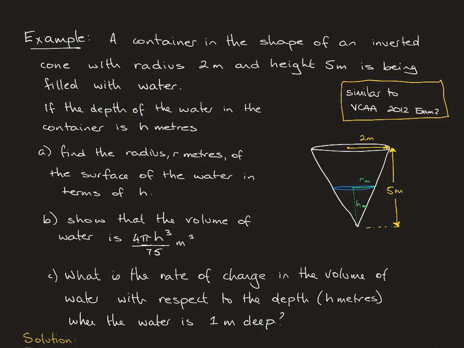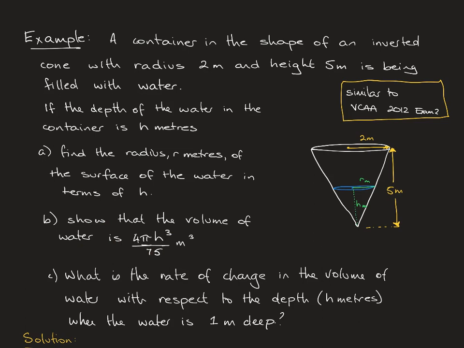If the depth of water in the cone is h meters, so this is the water level here up to the blue line, find the radius r meters of the surface of the water in terms of h. So we want to find that radius value there. In terms of h means our answer for this r value is going to have an h in it. Then we need to show that the volume of water is this amount here.